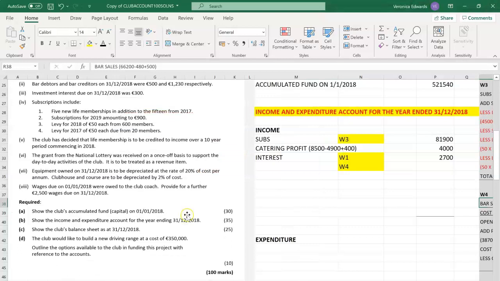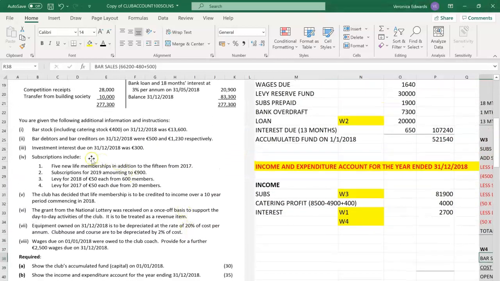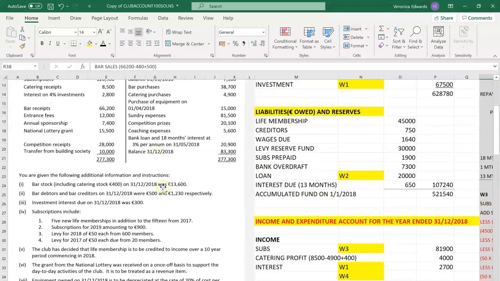You can see that in the bracket there. Now we need to see whether or not there were any bar debtors at the end of the year. If you look at adjustment 2 here, you see that there are bar debtors at the end of the year amounting to €500. You're still owed money by your bar customers.